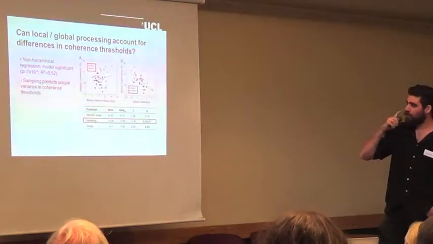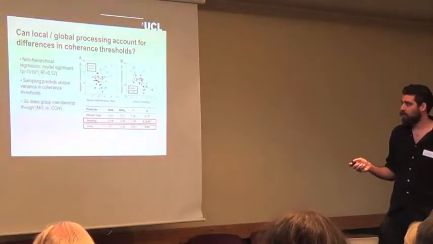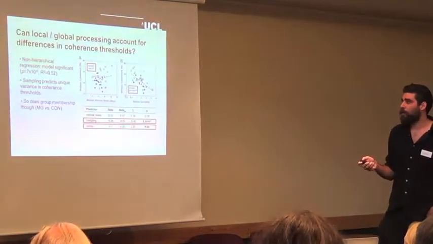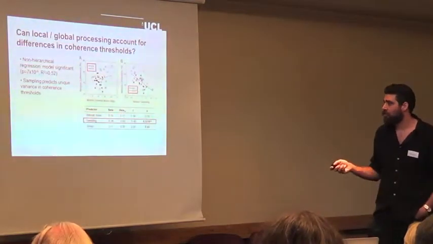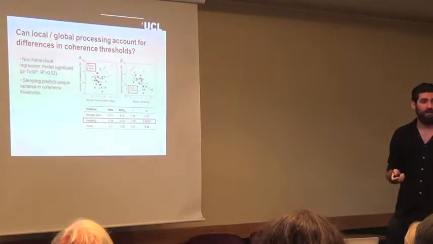And what we find, reflecting the correlational data, is that internal noise is not a predictor of coherence thresholds, whereas pooling, the sampling, is a highly significant predictor of coherence thresholds.